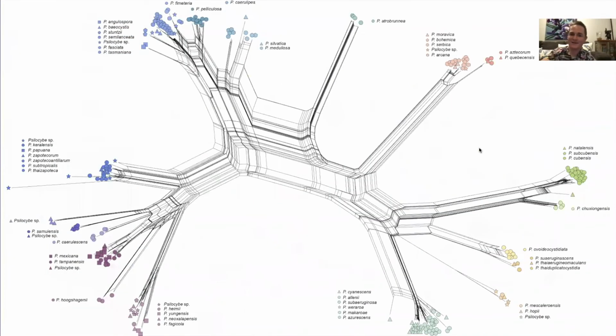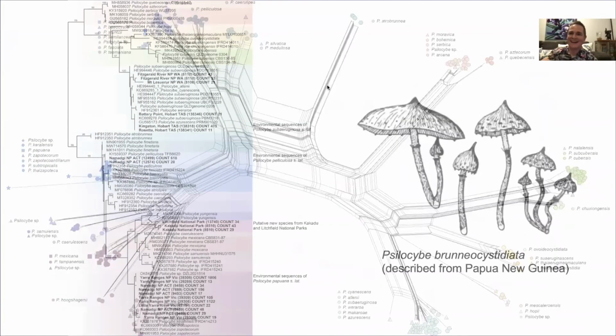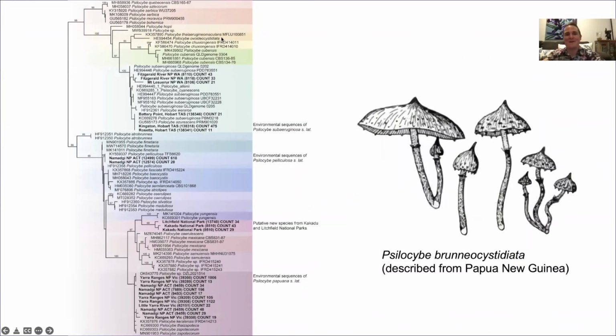I'll just quickly tell you about one more story while we have time. There's all this soil sampling data in Australia where they've gone to remote locations, to national parks, and just done ITS2 barcoding across soil samples. And I was just looking at the distribution of Psilocybe cubensis.